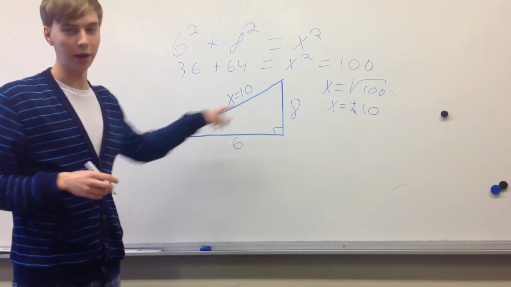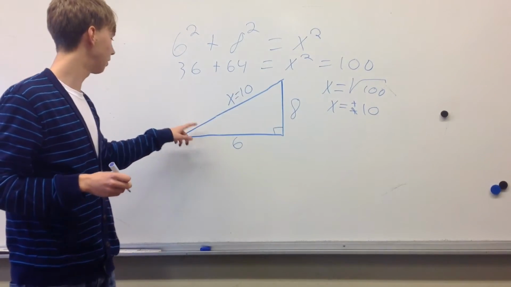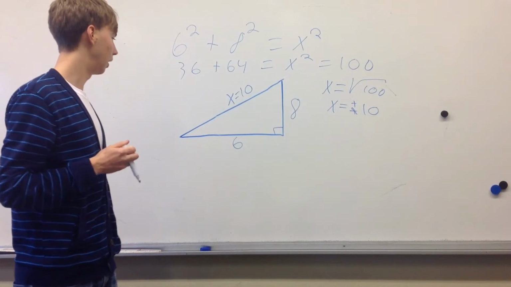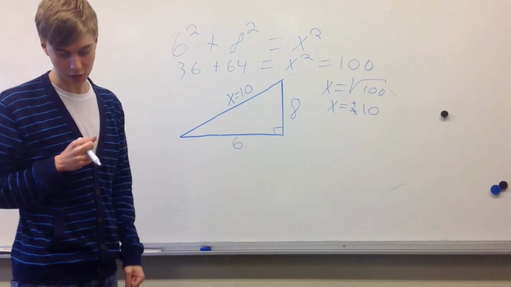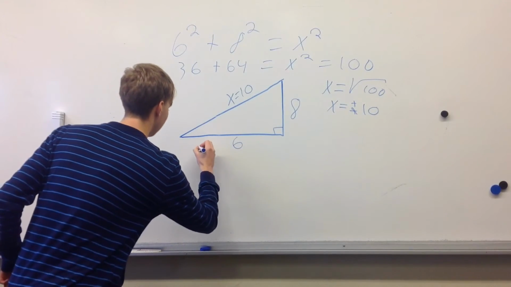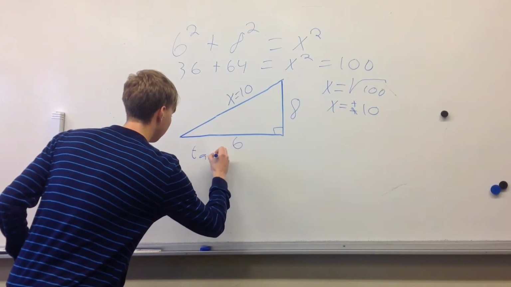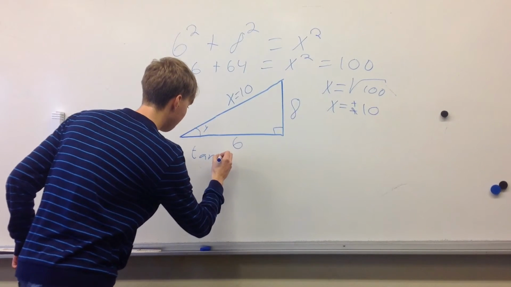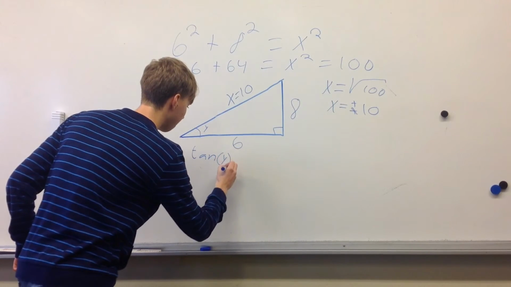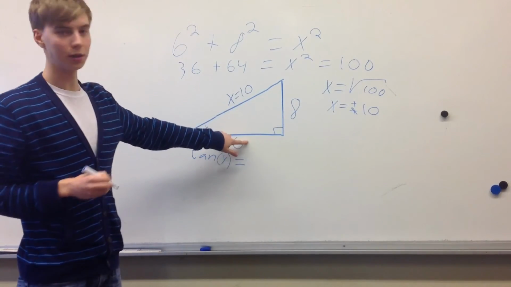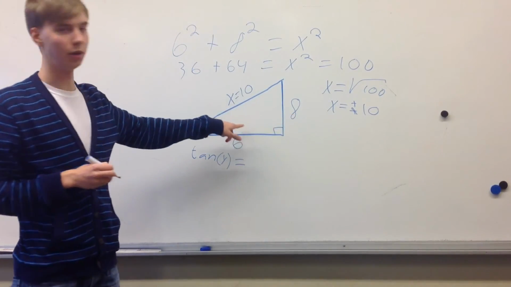Now, we have the length of the hypotenuse, and we want to calculate the angle against the x-axis. Then we could use tangent perhaps, and what we simply do is the tangent for the angle y equals 8 over 6, the opposite over the adjacent.